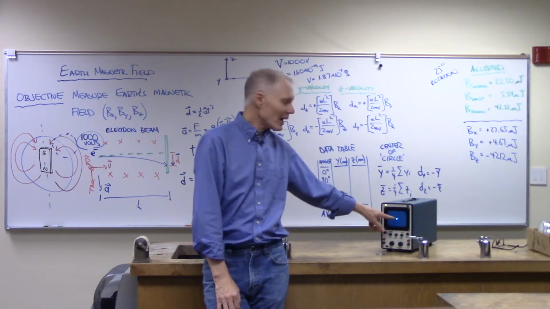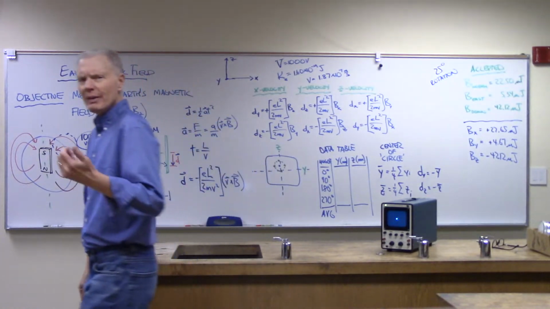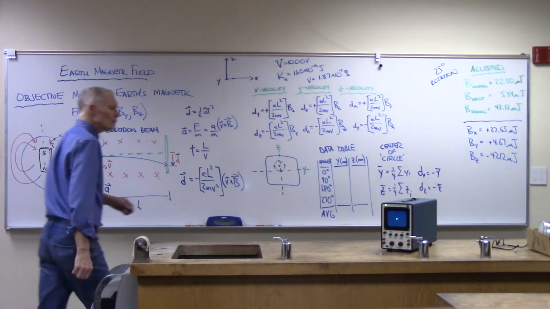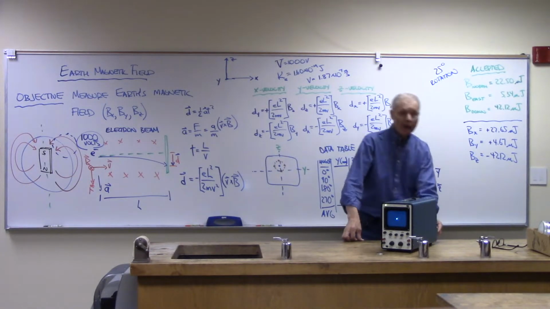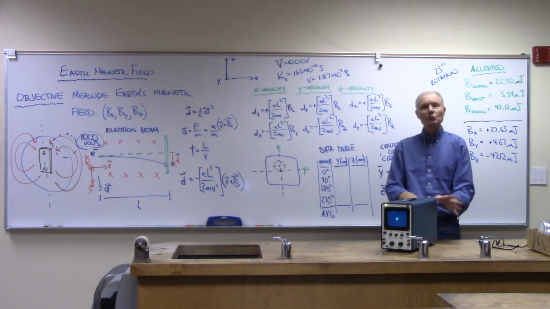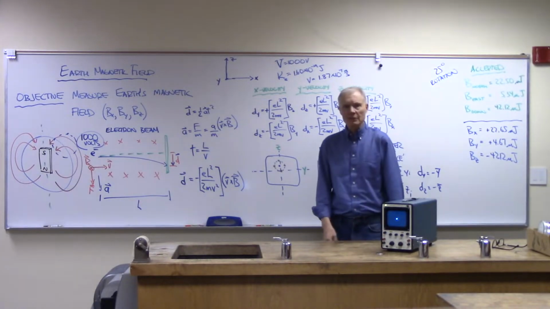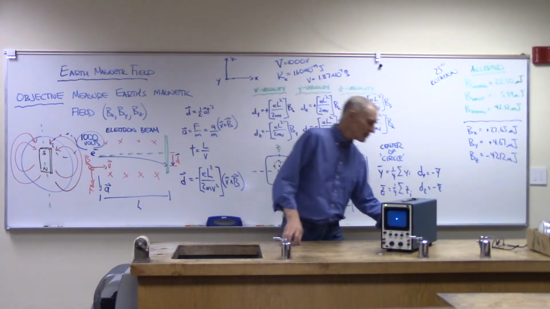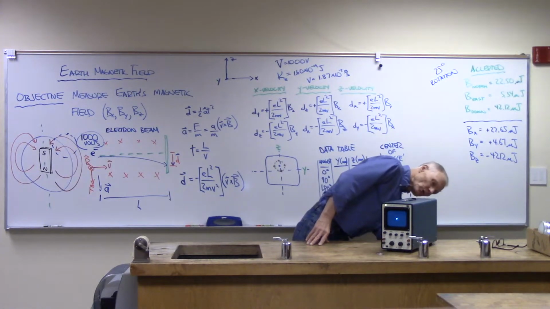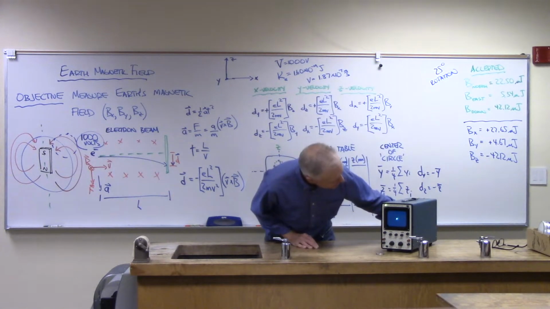Now, it's really bright right now. I put it bright to make sure, I hope you guys can see that. What I'm going to do is turn down the intensity. Now, I think this is kind of funny that you've got these controls on the back of the oscilloscope, because shouldn't you have the controls on the front where you can watch and see what effect they're having? So let me see, I think this is intensity. Yeah.